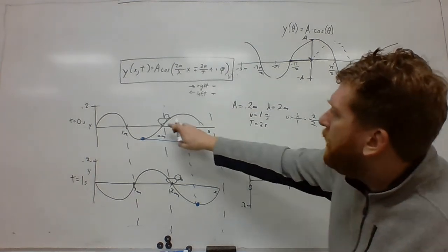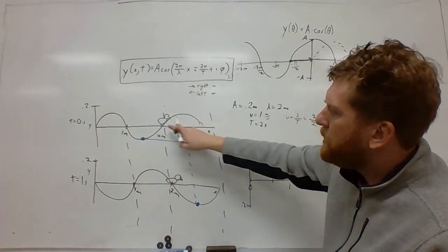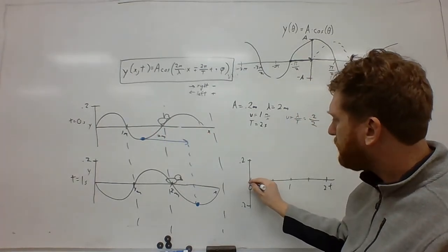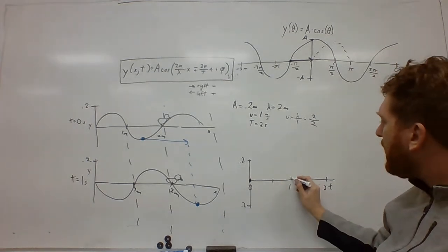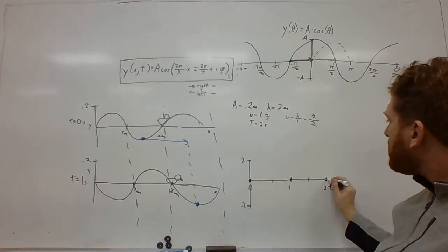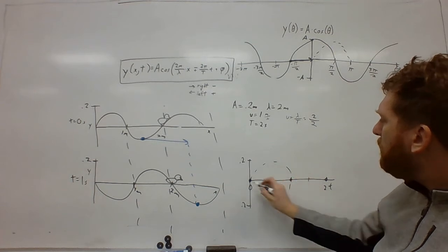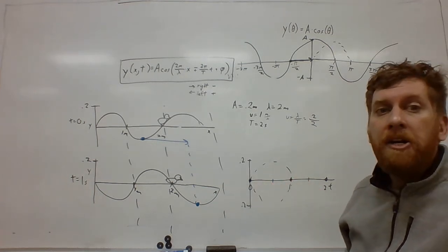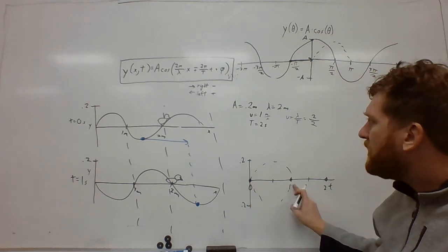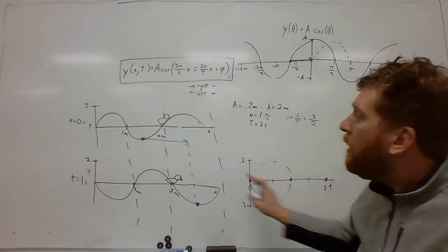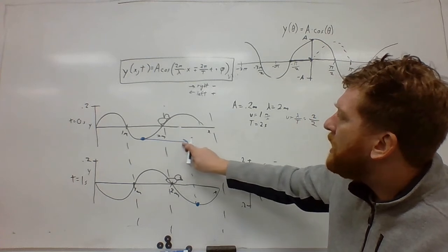Now, time equals 0, because this whole graph is time equals 0, the duck is at equilibrium. I know the duck is also at equilibrium at time equals 1 second. So my graph is going to look like this. It's either going to go up or down. How does it go? What is the motion of the duck as time travels between 0 seconds and 1 second? Well, this trough travels underneath the duck.